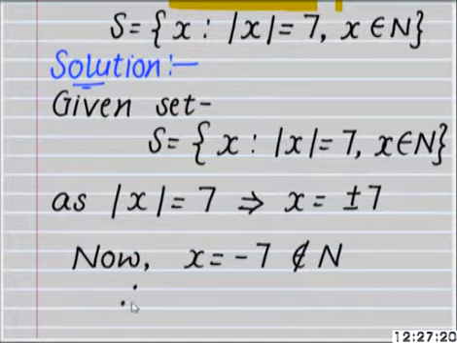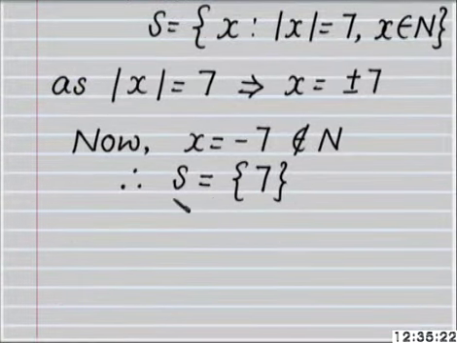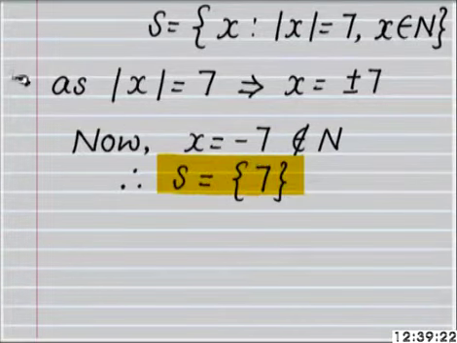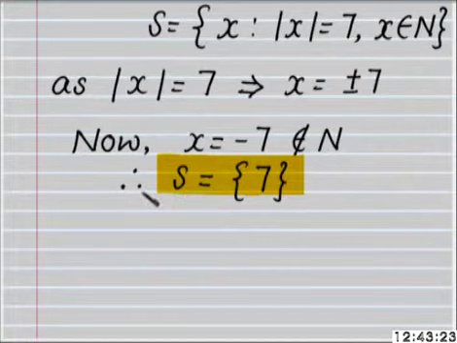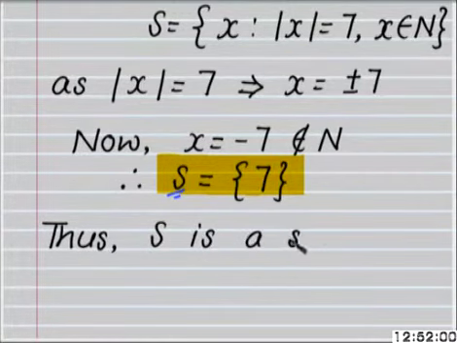Therefore, for the given set S, it will be a set containing element 7. Here we can see that as there is only single element in the set S, thus we can say that the set S is a singleton set.